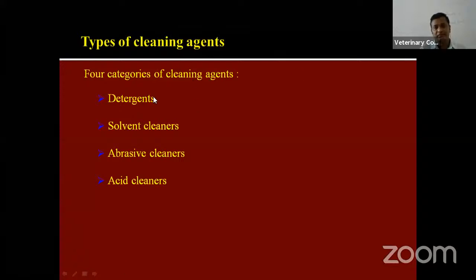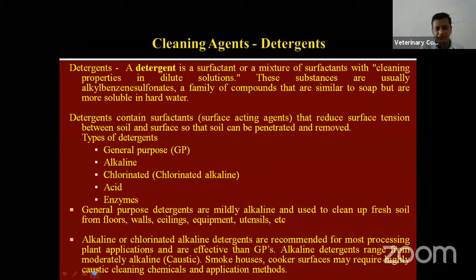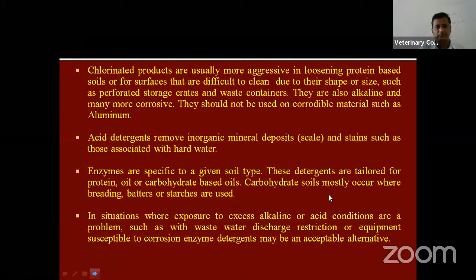The 4 categories of common cleansing agents are the detergents, the solvents, the abrasive cleaners, and acid cleaners. We'll not go into details of these because we already discussed them previously. In general, we use general purpose detergents, alkaline detergents, chlorinated detergents, acids, or sometimes even enzymes to achieve this cleansing process.